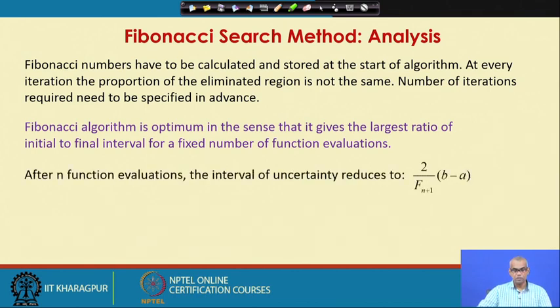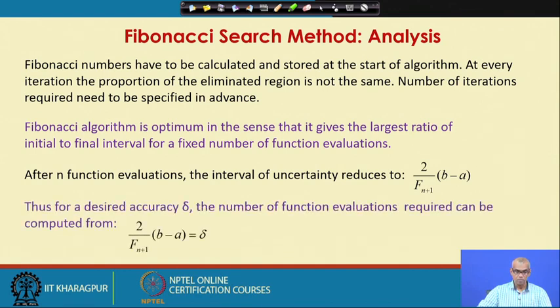After n function evaluations, the interval of uncertainty reduces to 2 into length of the interval divided by f n plus 1, where n is the total number of iterations to be performed. So, after n function evaluations, the interval of uncertainty reduces to 2 into b minus a divided by f n plus 1. Thus, for a desired accuracy delta, the number of function evaluations required can be computed from 2 by f n plus 1 into b minus a equal to delta.